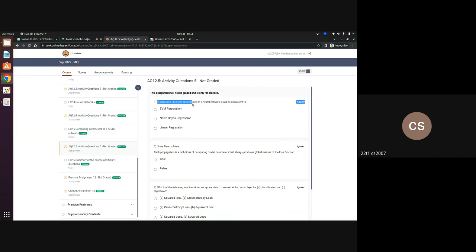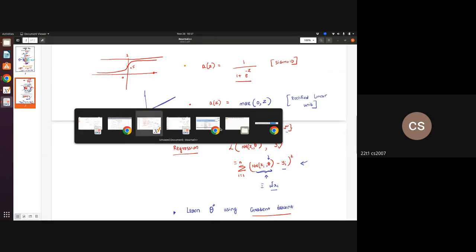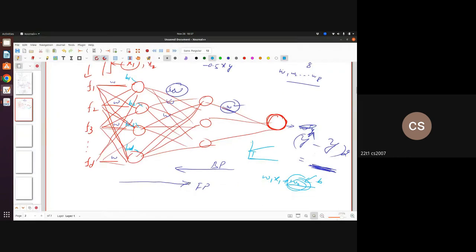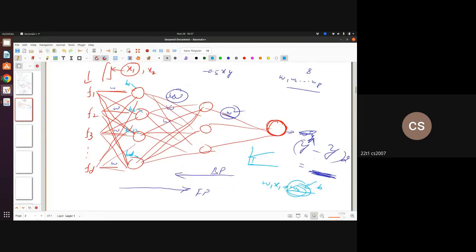If activation functions are not used in a neural network, it will be equivalent to something simple. I told you that at every neuron there is an activation. So this is the value that is produced.